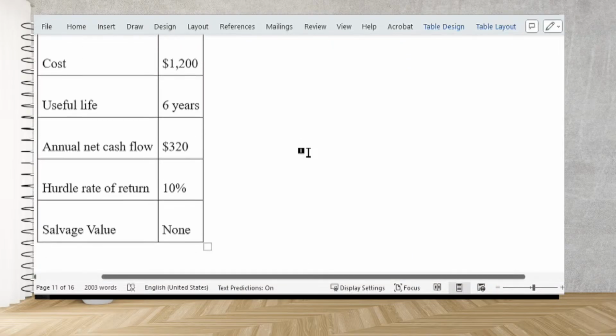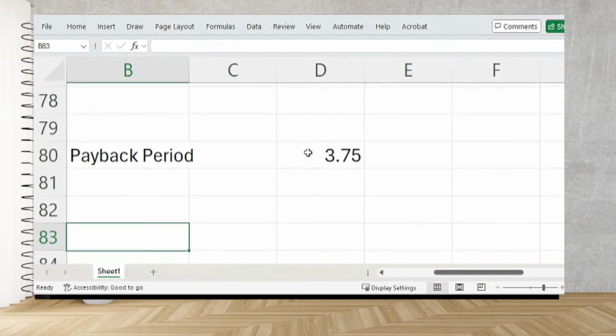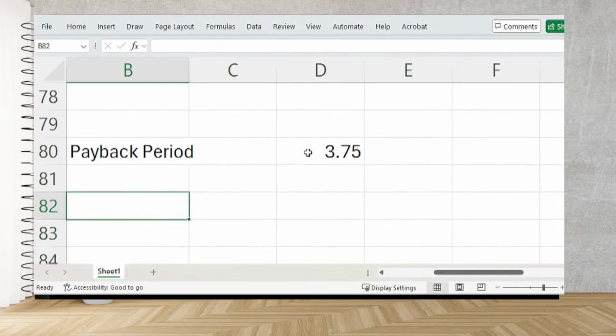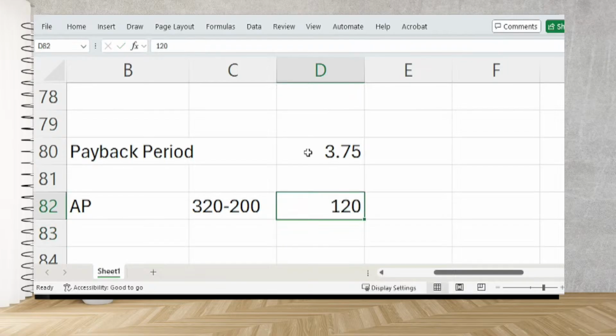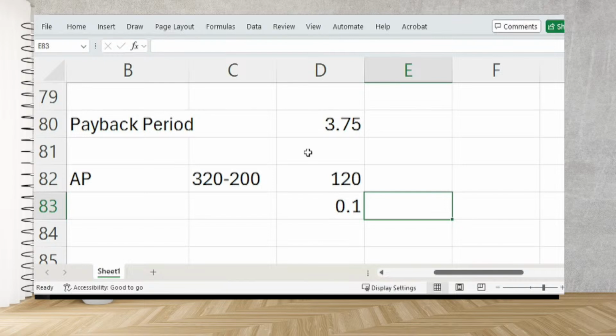Useful life 6 years. So see, accounting profit is basically the cash flow minus depreciation. Yes, sir. So the cash flow is 320 and the depreciation is 200, meaning 1200 divided by 6, useful life is given. So it is 120. 120 we are getting on investment of 1200. So accounting rate of return is 10%.